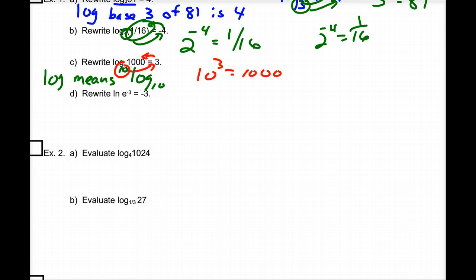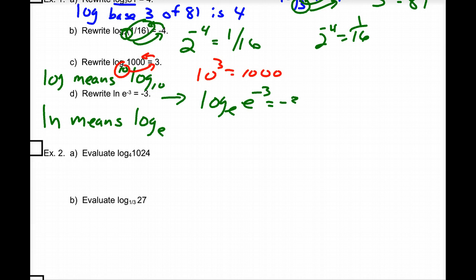The last one's got a special log. It's called the natural log. Ln is the natural log. And natural log means log base e. That e that we talked about a while back, the 2.718, goes on forever and ever because it's irrational, just like pi. So you could rewrite this problem as log base e of e to the -3rd equals -3.